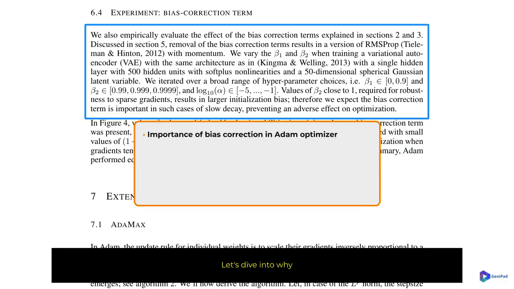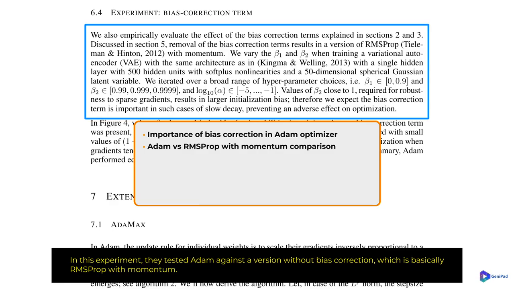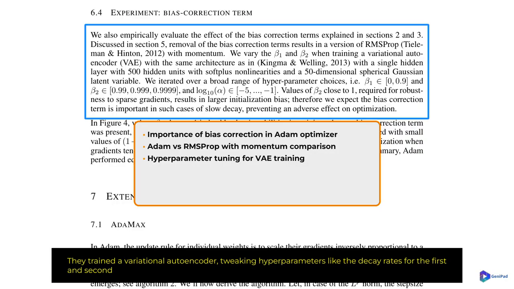Let's dive into why bias correction in Adam is such a game changer. In this experiment, they tested Adam against a version without bias correction, which is basically RMSprop with momentum. They trained a variational autoencoder, tweaking hyperparameters like the decay rates for the first and second moments.